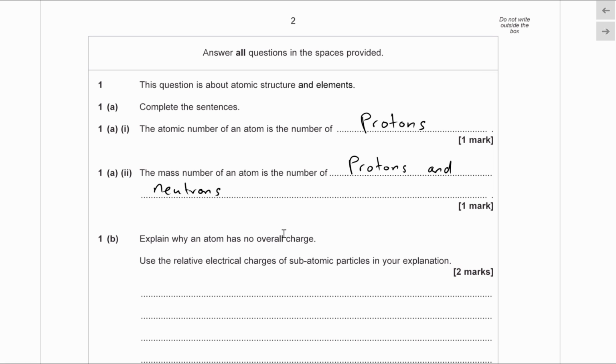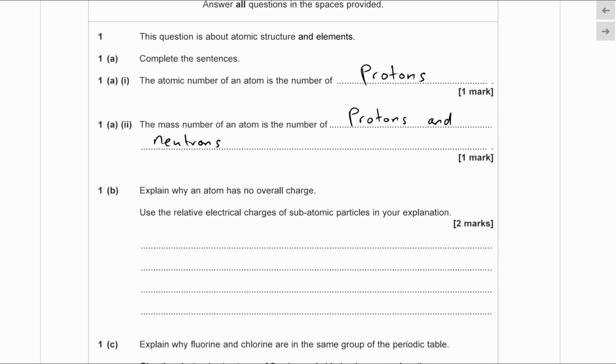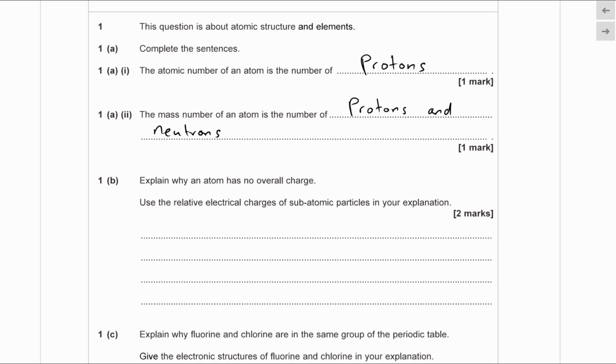Now question 1b says explain why an atom has no overall charge and use relative electrical charges of the subatomic particles in your explanation. Okay, so that's the thing I'm going to say first. I'm going to say that protons have a +1 charge and electrons have a -1 charge.